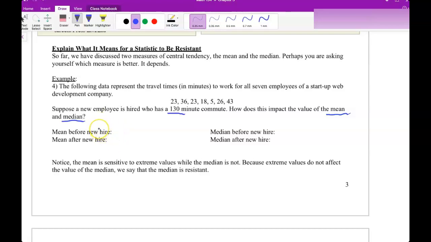Or even if you didn't use StatCrunch, that's fine. Just add all these numbers for this part. Mean. We have 23.